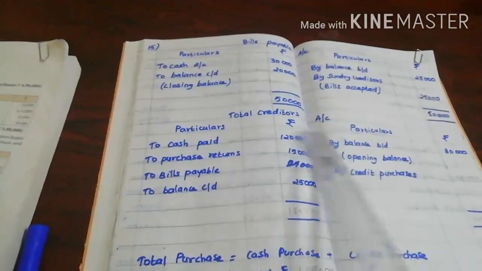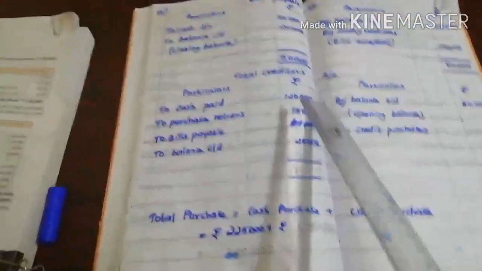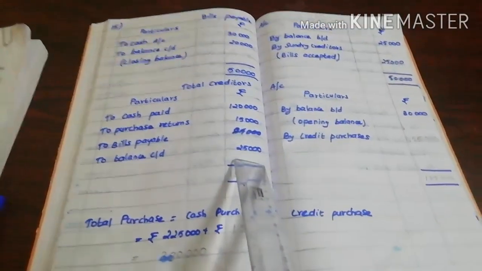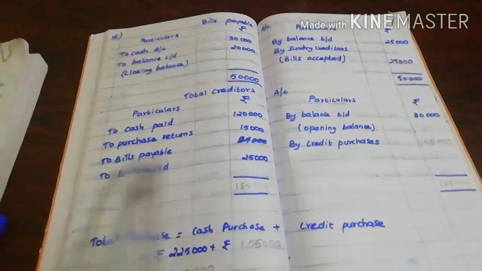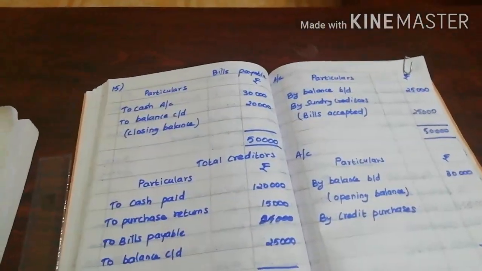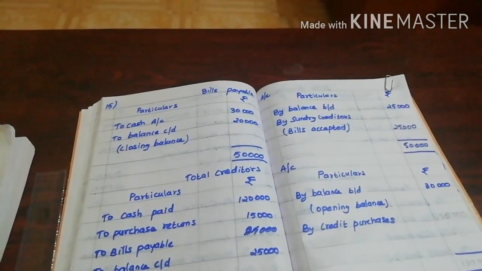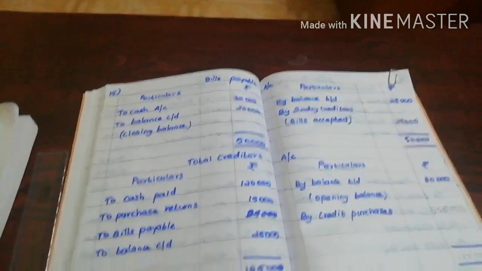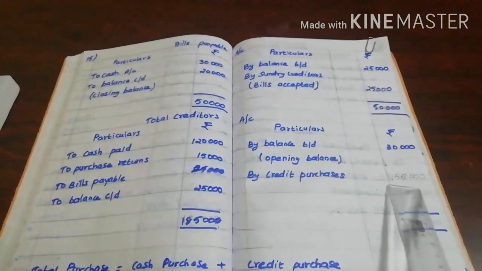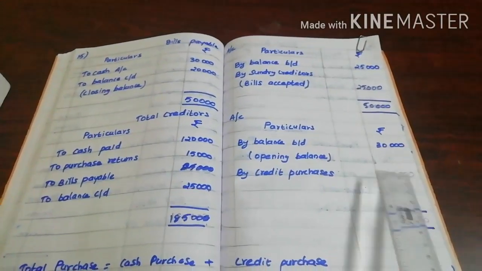So in the creditors account, now we have to find out the balance. Add all the debit side total. Debit side is more, debit side total is 1,85,000 minus 30,000, you get 1,55,000, that is the credit purchase.